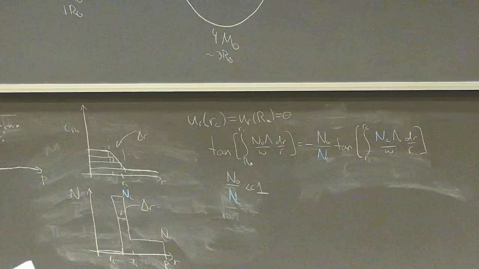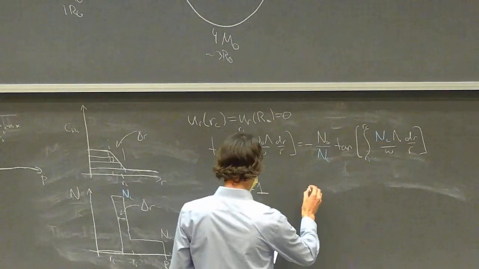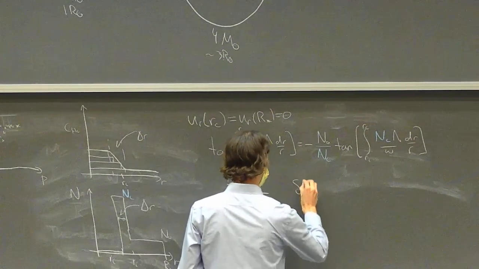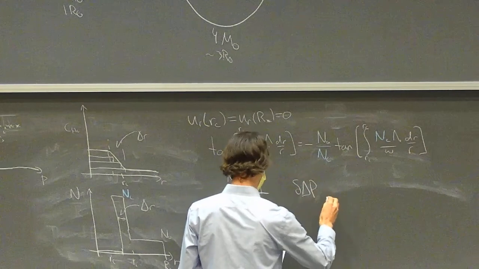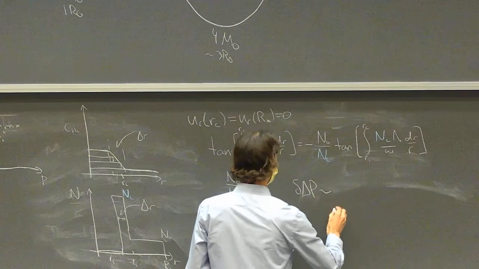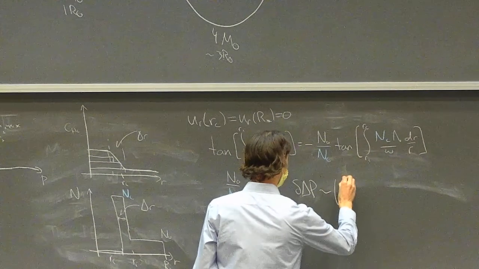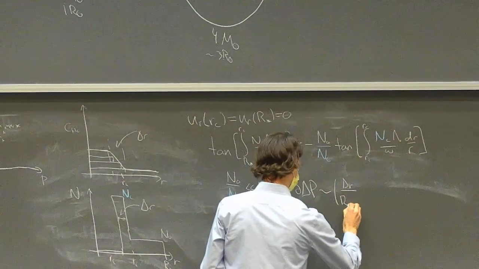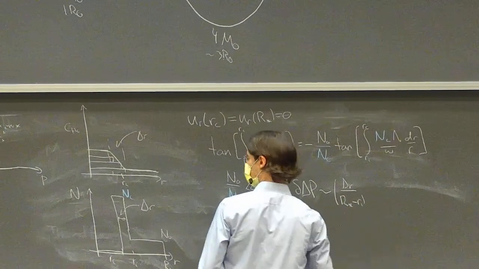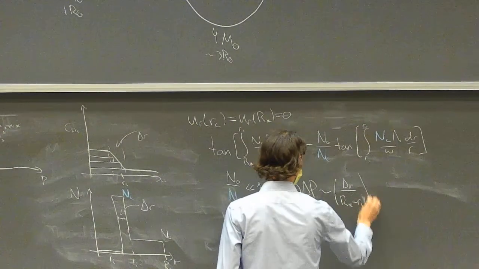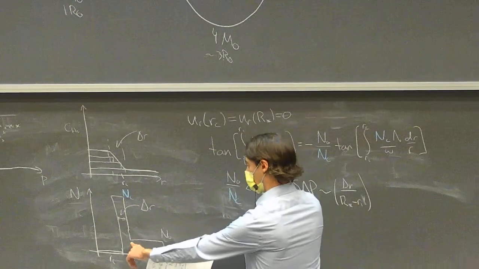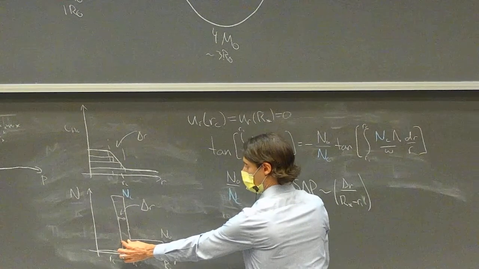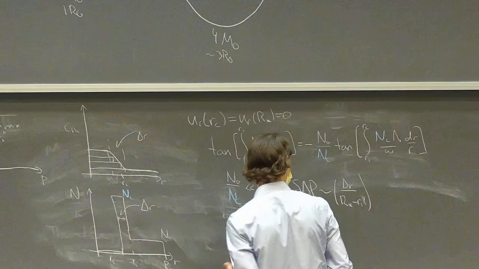But there's a perturbation, and the perturbation is that the change in the period difference is going to be proportional to delta r over r, R star minus Ri. That's the ratio between this radius difference and this radius difference.